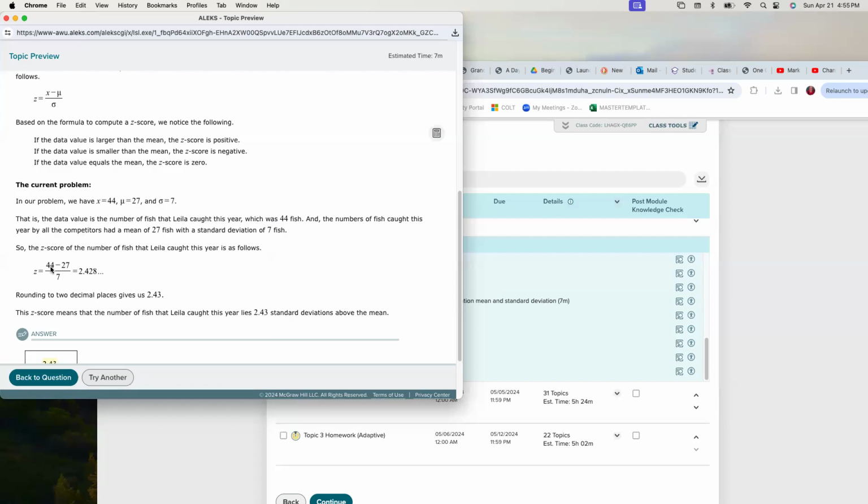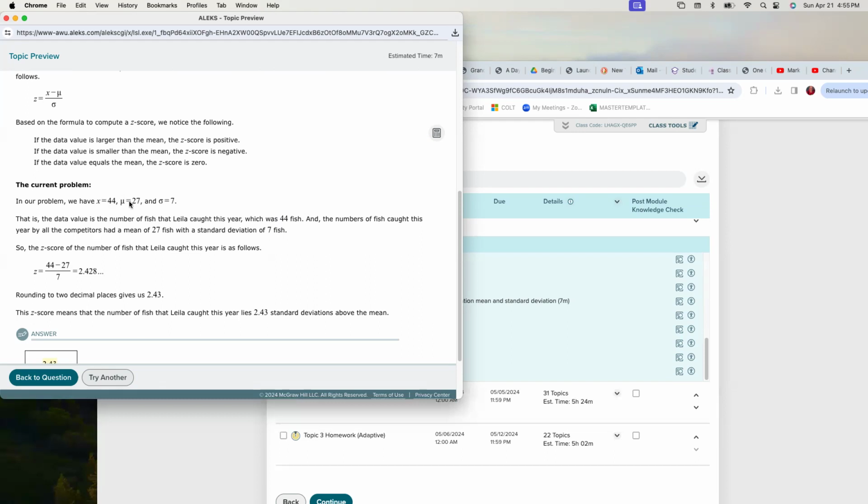If I took 44 minus 51 instead of 27, I would get a -7, which would leave me with -1. So that would mean I would be 1 standard deviation to the left of the mean. If you think about that, 44 is 7 to the left of the mean of 51.